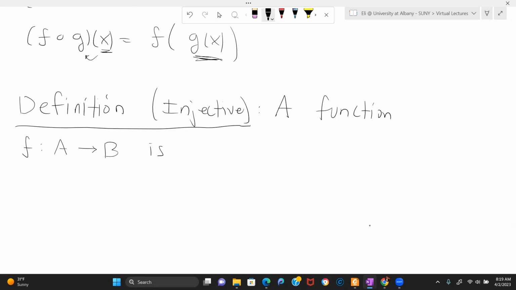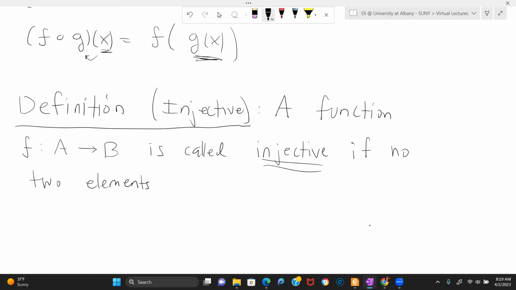We say that it's injective if no two elements in A have the same image under f. I'm just writing down what I said in words. Now this is the important part of the definition, trying to formalize that condition.